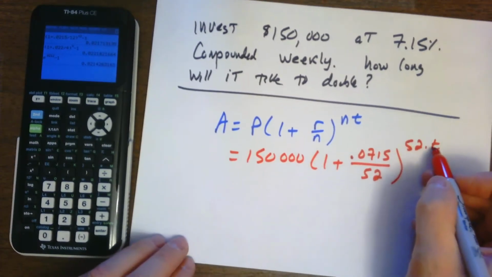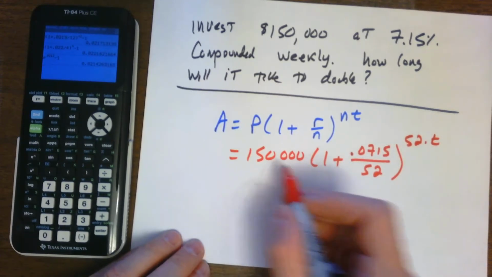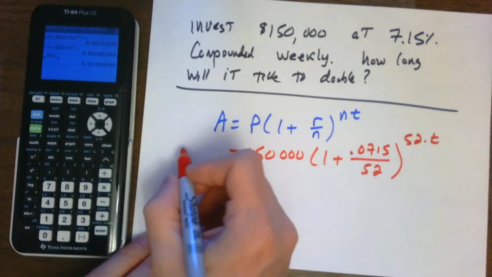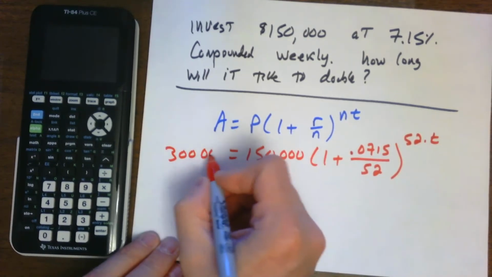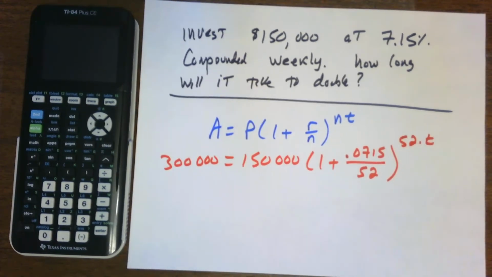I want to know how long it will take $150,000 at an interest rate of 7.15% compounded weekly to reach 300,000. Double. This is very similar to the problem we just did algebraically. So go ahead and pause the video and see if you can figure this out. How many years is it going to take?